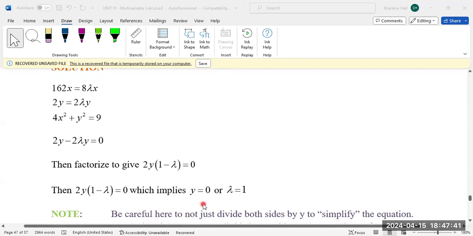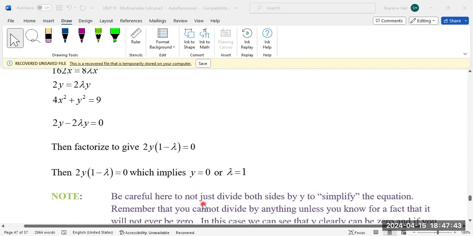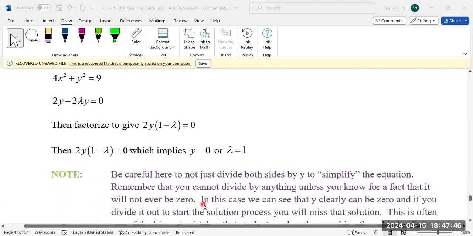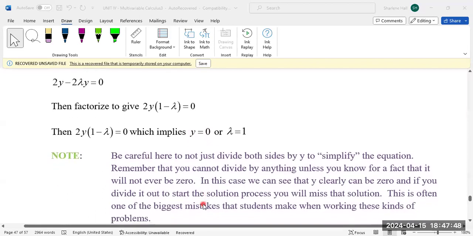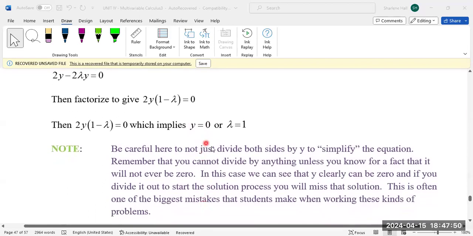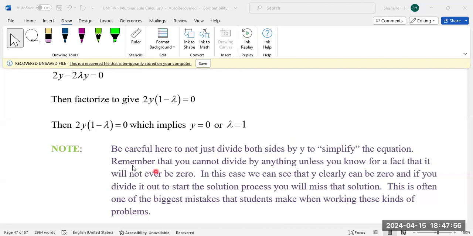Now, there goes my warning. Be careful here not to just divide both sides by y to simplify, quote unquote, the equation. Remember that you cannot divide by anything unless you know for a fact that it will never be 0.